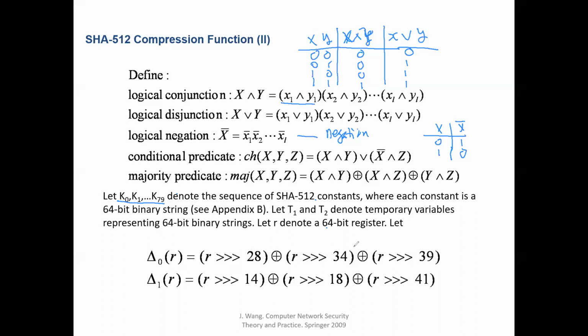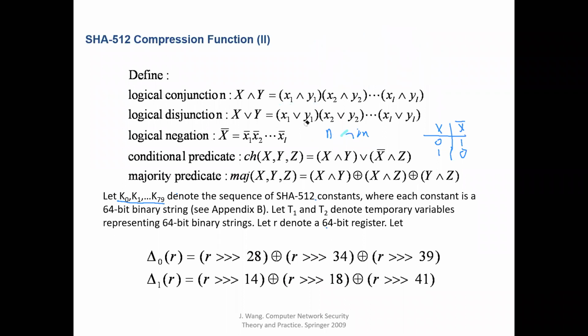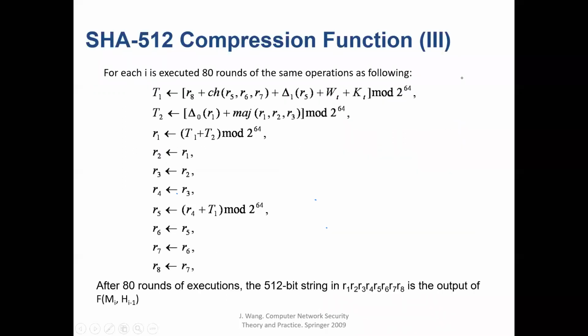Again, more shifts, more exclusive OR, okay. Just want to make it so that almost all bits will be scrambled. So now let me erase this, and move to the next.